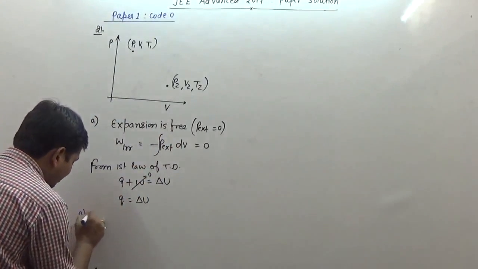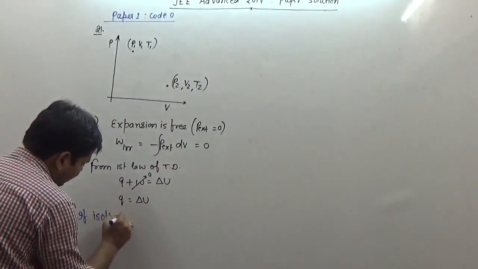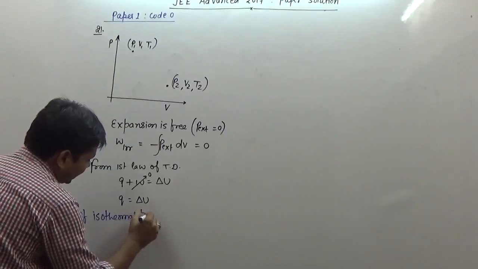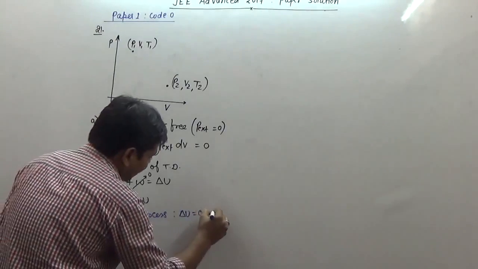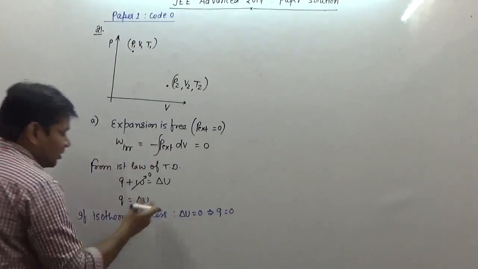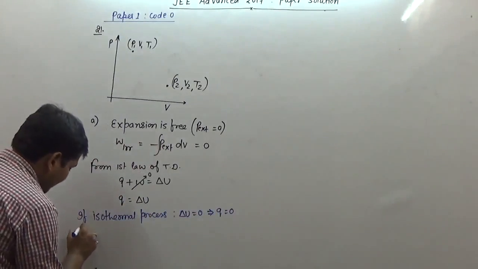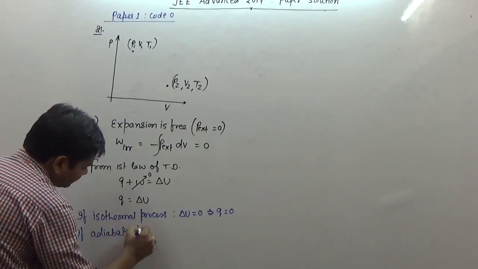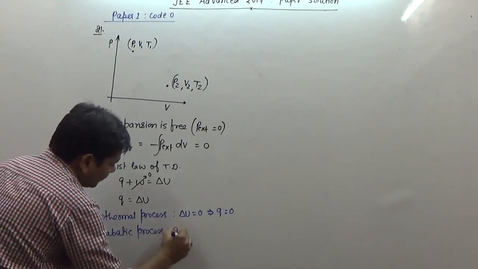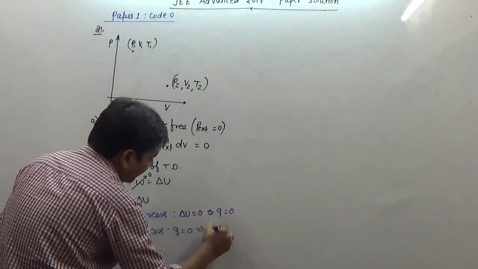So if isothermal process, delta U will be 0. This implies that Q will be equal to 0 because delta U and Q are equal. If adiabatic process, Q will be equal to 0, this implies that delta U will be equal to 0.